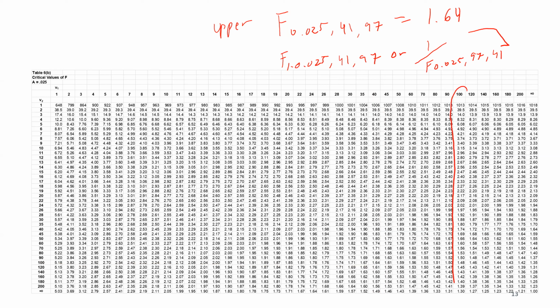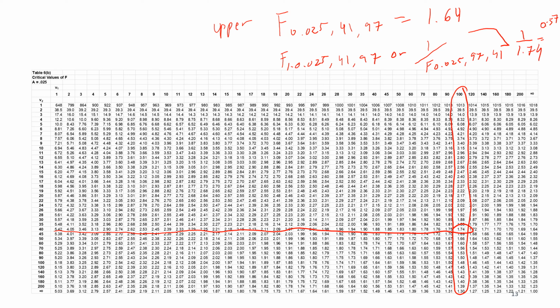We're using this column, and we're going to compare that to 40, which is 1.74. So it's 1 divided by 1.74, which is 0.57. So these are your upper and your lower bound.